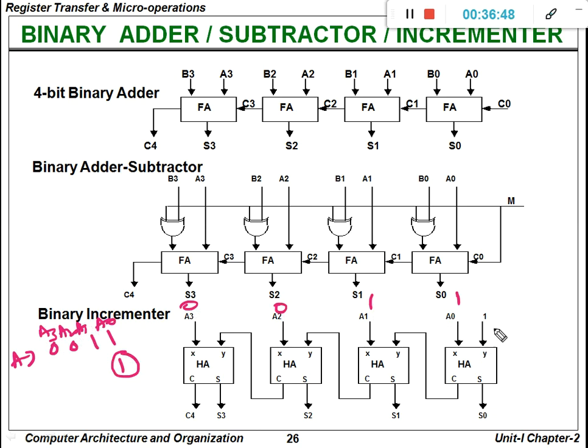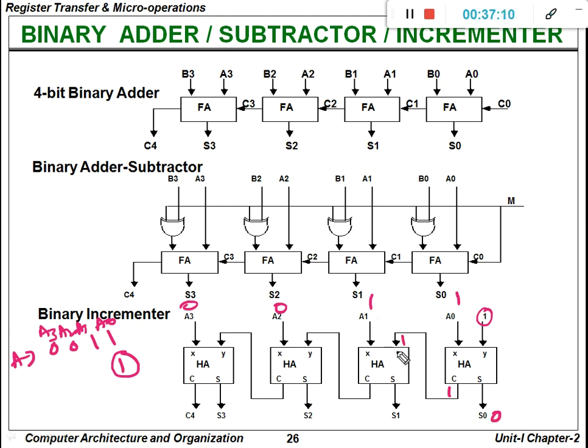And to add the one, we directly input one value to y. Now 1 plus 1 is 1 0, so this one will be moved to here.